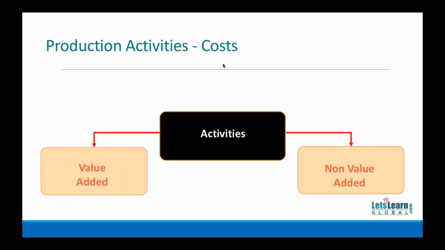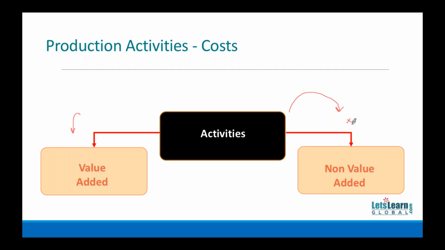For example, you have a beautiful packing for a product which the customer likes to pay for, that is value added. A product is broken and you spend more to make the broken product a good product with saleable value, that is a non-value added activity.